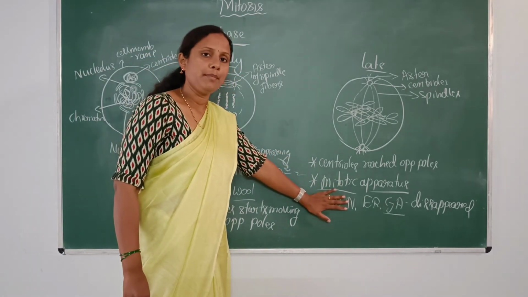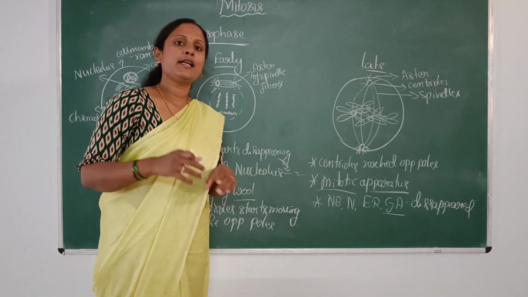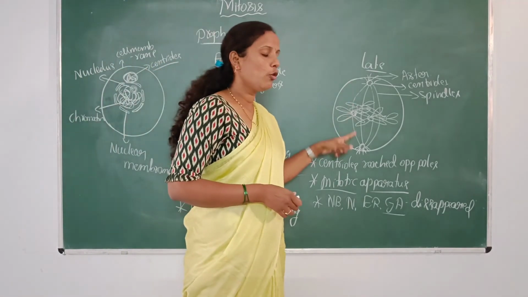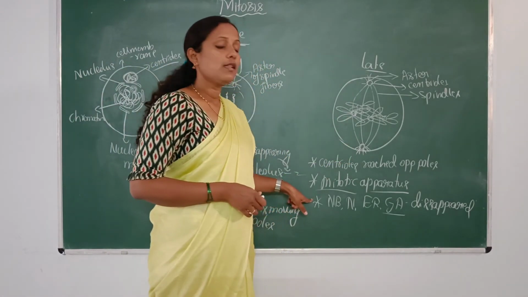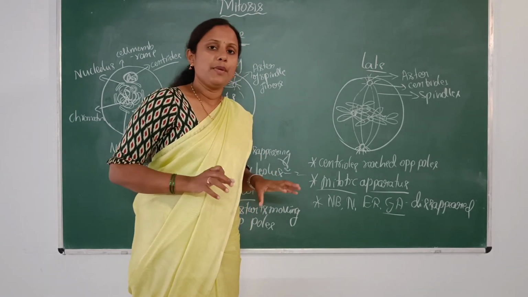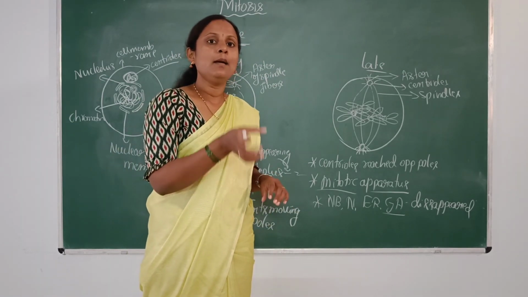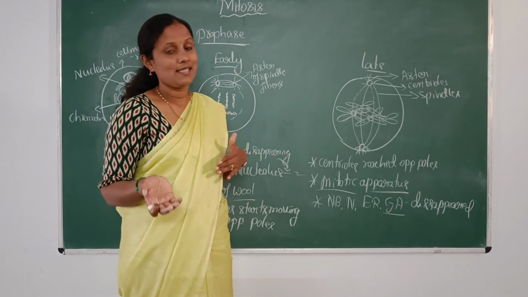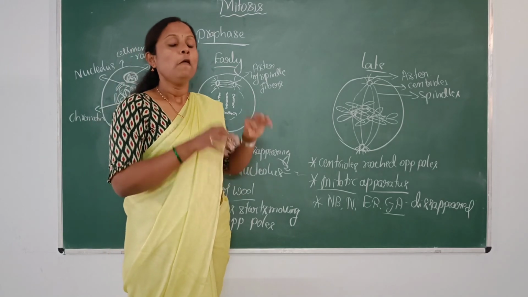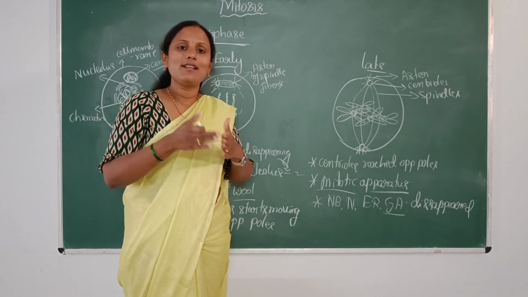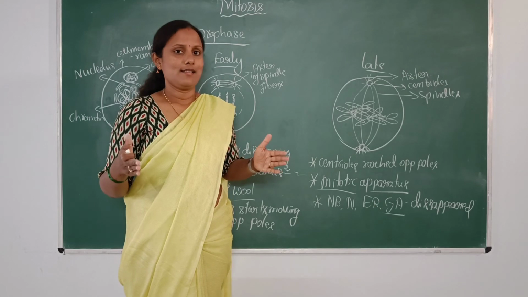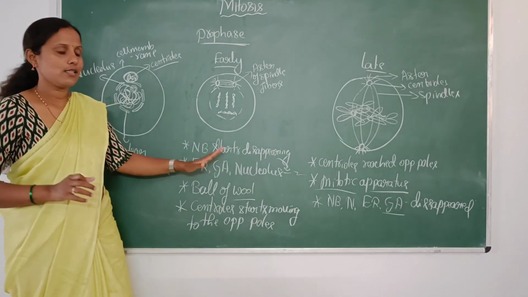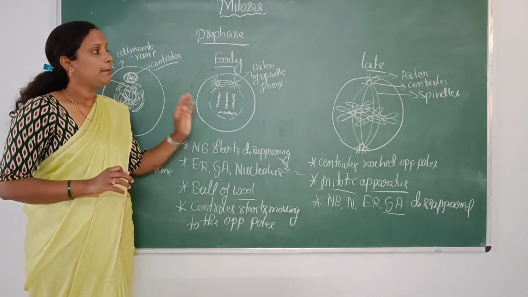Once there is a completion of the appearance of chromosomes, once the centrioles reach the opposite poles, once the cell organelles have disappeared, that is the beginning of metaphase and the end of prophase. That's why I told you in the beginning, we cannot draw a strict line between the phases. Okay, so now in the next class we shall continue with the metaphase.